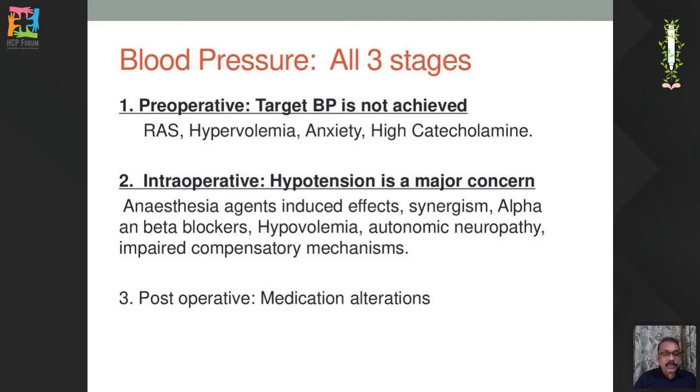All these things can make them very sensitive to anesthetic induction agents, and one should be very careful. Post-operative is mostly a nephrology concern, but usually post-operatively their blood pressure also needs modification, because that's a new kidney in the recipient, and it behaves differently from the native kidneys.